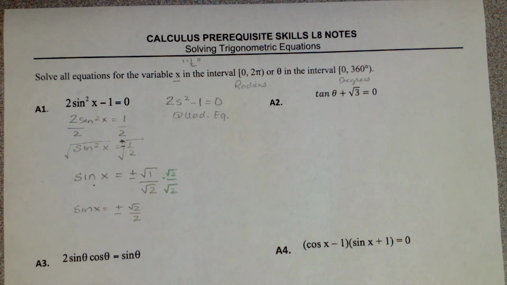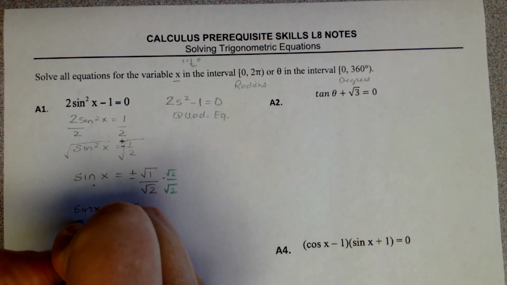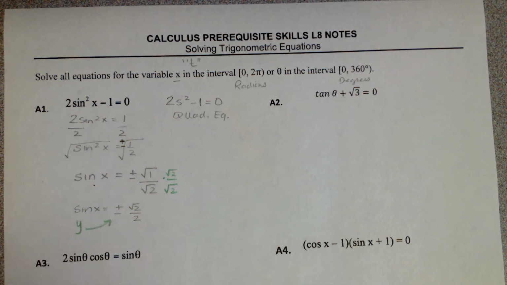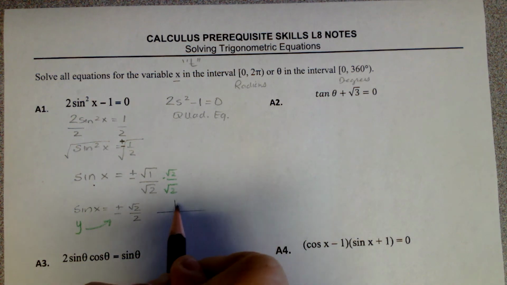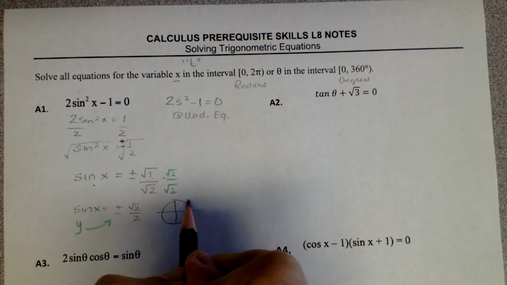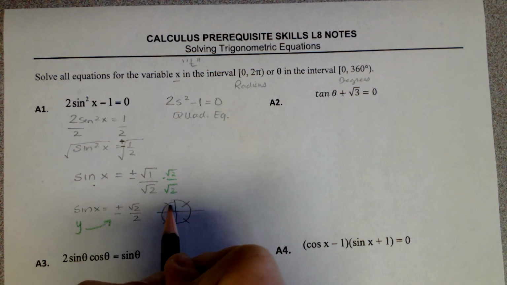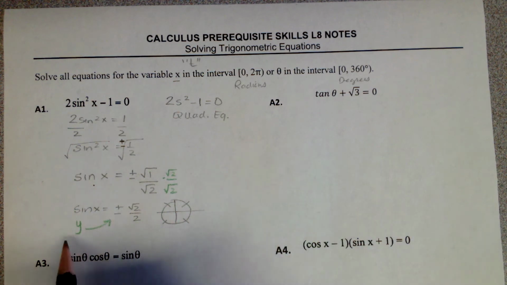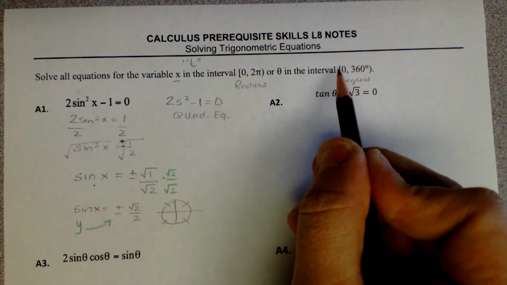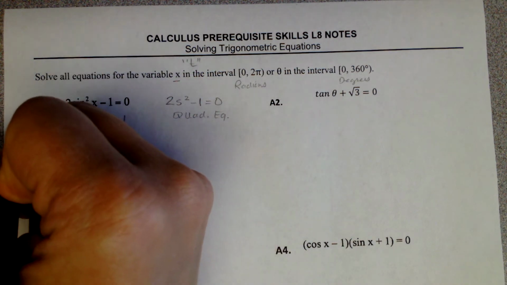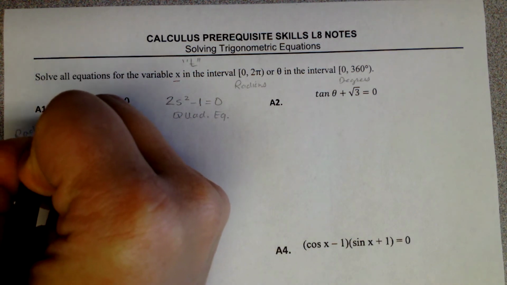If you recall, the sine of x is the y value on the unit circle. So I'm asking myself, where on the unit circle do I have a y value that is either positive root 2 over 2 or negative root 2 over 2? That occurs at all of the 45s. Now, if we reflect on the initial statement in the directions, we were given an x, which tells me my answer needs to be in radians.